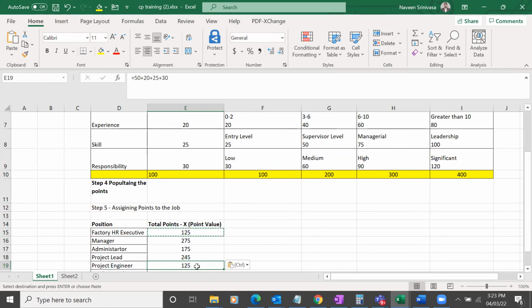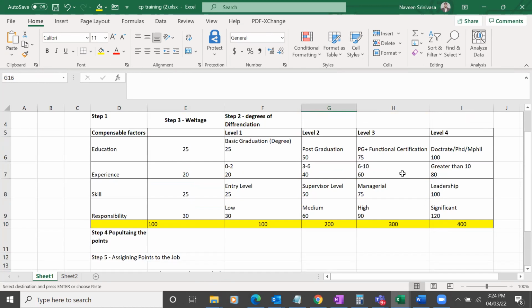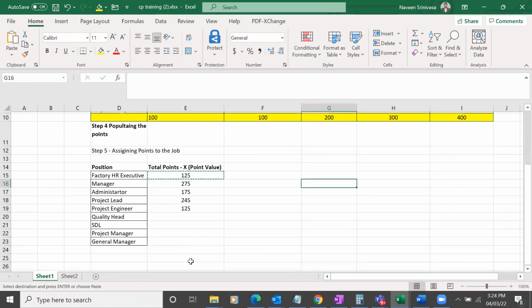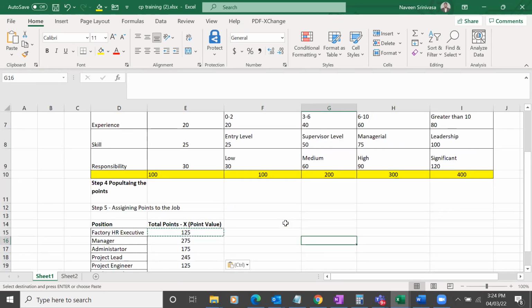Similarly, the next one is quality head. The third level, I guess. Third level will be good, Rahul. Go for the third level then.